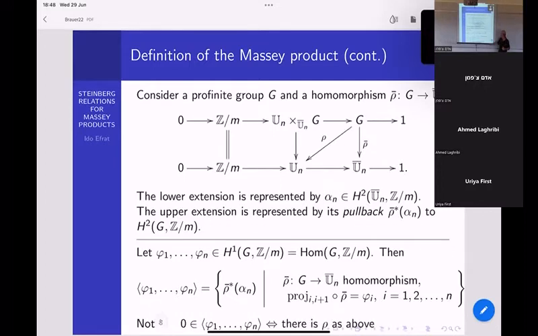So the Massey product contains 0 precisely when you have a homomorphism from G to the full U_n with super diagonal being phi 1, phi 2, and so on. Okay, let's remember this fact. It will be important in a moment.